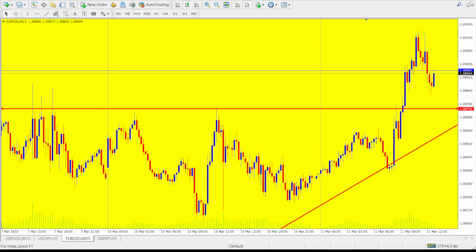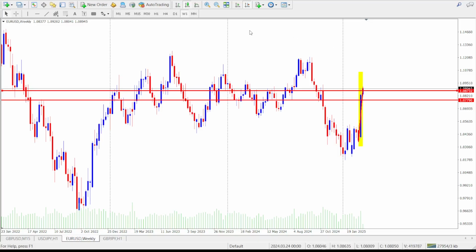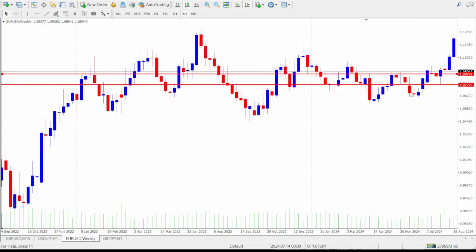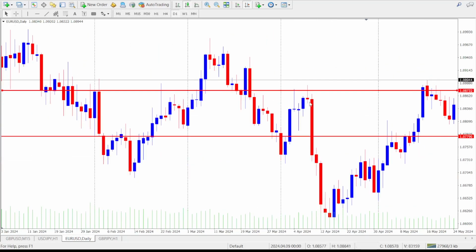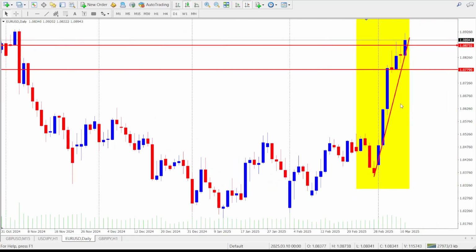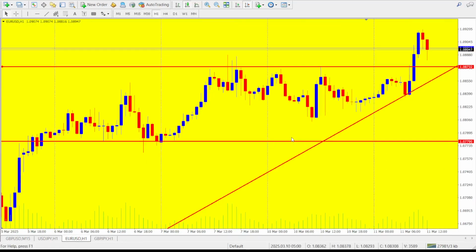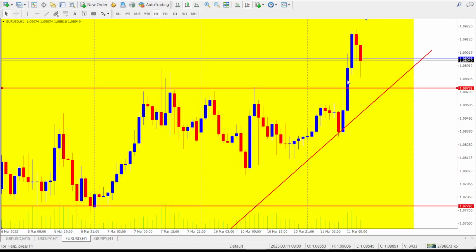So why does multi-time frame analysis work so well? Well, the primary reason is alignment. When you use multiple time frames, you are checking to see if all the time frames are in sync. For example, let's say your weekly chart shows a bullish trend, your daily chart confirms that trend, and then your 1-hour chart shows a solid entry signal.